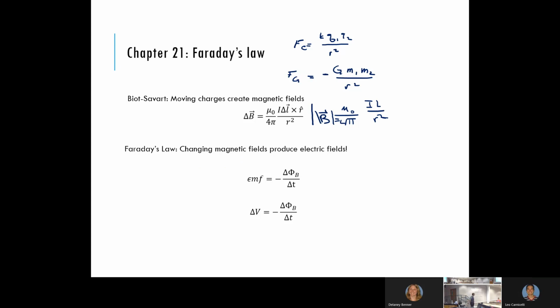Now we come to the negative sign. That negative sign is sometimes known as Lenz's law. I don't know why, but for some reason within Faraday's law, this negative sign gets its own name, Lenz's law.